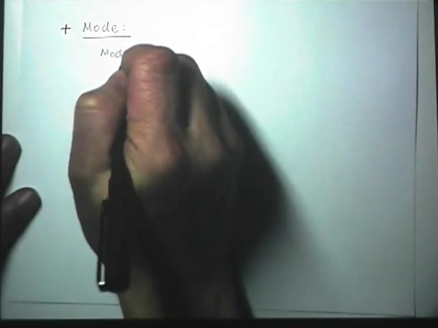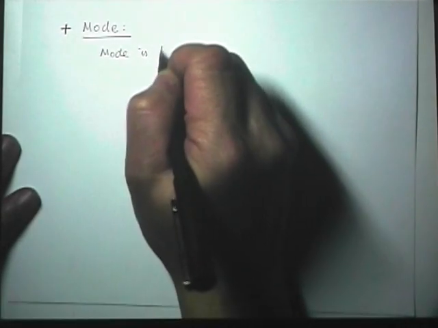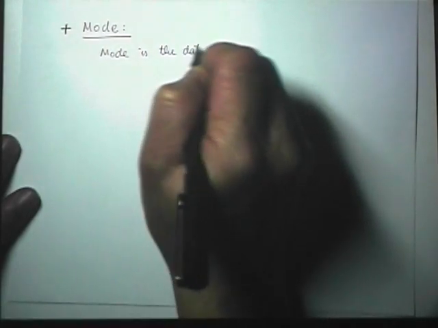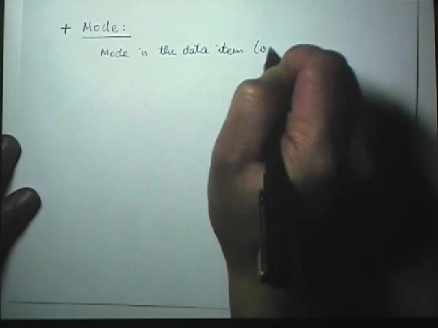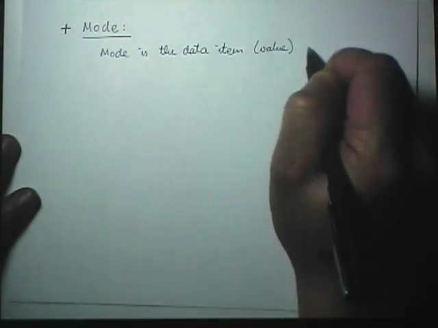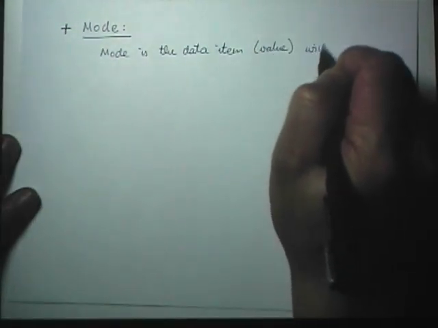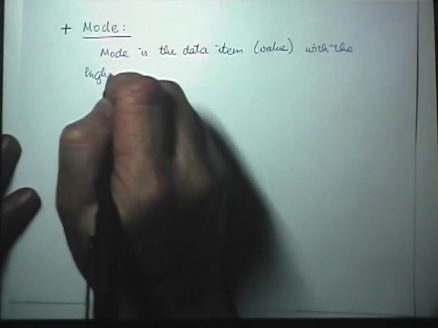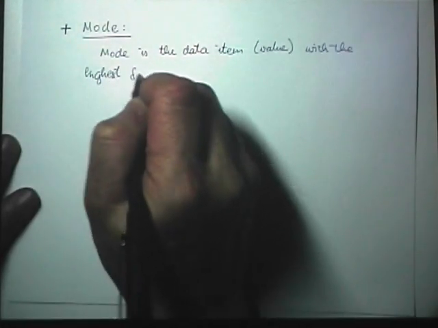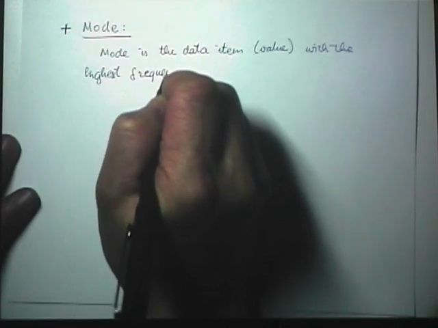Mode is the data item, or the data value, with the highest frequency. Remember what frequency is all about?